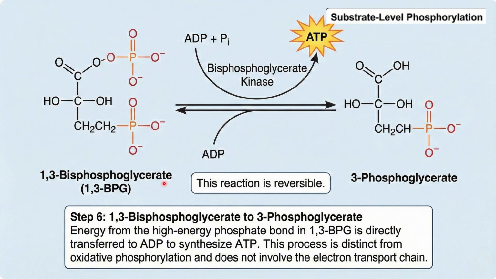Because 1,3-bisphosphoglycerate is not produced, substrate level phosphorylation will not happen, so ATP is not produced. The entire purpose of glycolysis is the production of ATP. If ATP is not produced, then there is no purpose of glycolysis happening. So that's why 1,3-bisphosphoglycerate has to be formed first, and it can give its inorganic phosphate to the ADP to form the ATP and 3-phosphoglycerate. And the enzyme involved here is phosphoglycerate kinase or bisphosphoglycerate kinase.